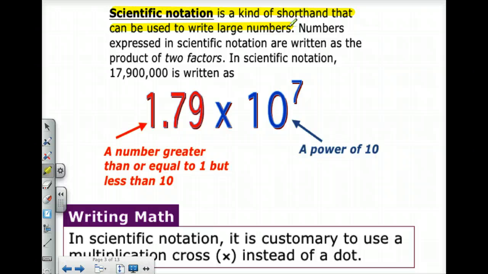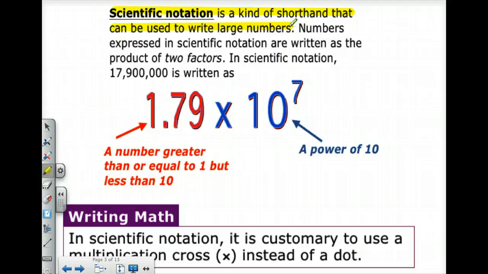Now any number that is expressed in scientific notation is written as a product of two factors. So the first example we have is 17,900,000, and we're writing it as a product of two factors. The two factors are 1.79, and the second one is 10 to the 7th power.